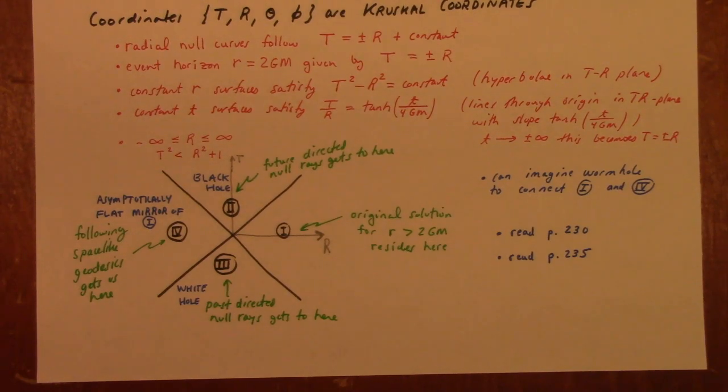What's the precise language he uses? He said, there's no need for a white hole, however, because the past of such a spacetime looks nothing like that of the full Schwarzschild solution. Okay, well, anyway, you can read that page and see what you think of it.